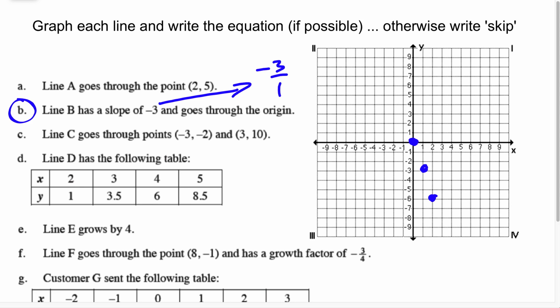We can draw our line going through here. Okay, and then we have our arrows, and we can write our equation y equals -3x plus 0, or you can just say y equals -3x.